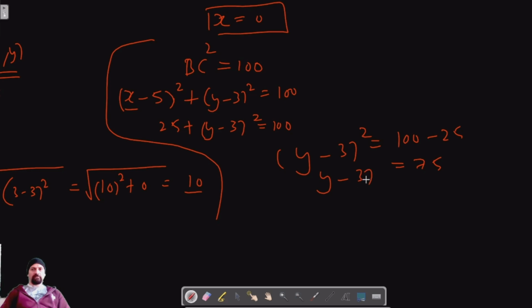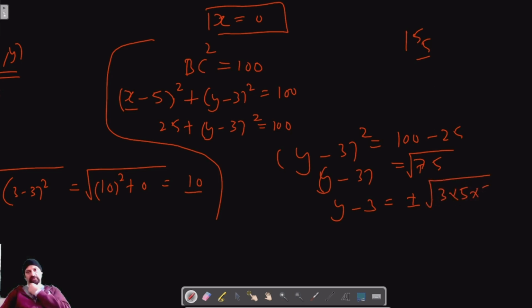And y minus 3 is equal to root 75. 75 is 3 into 5 into 5, which gives us plus minus 5 root 3.